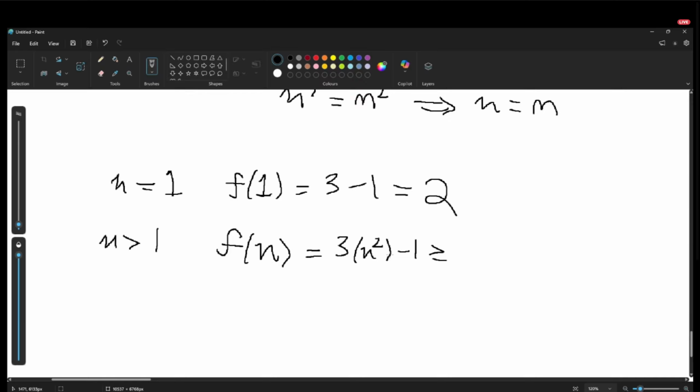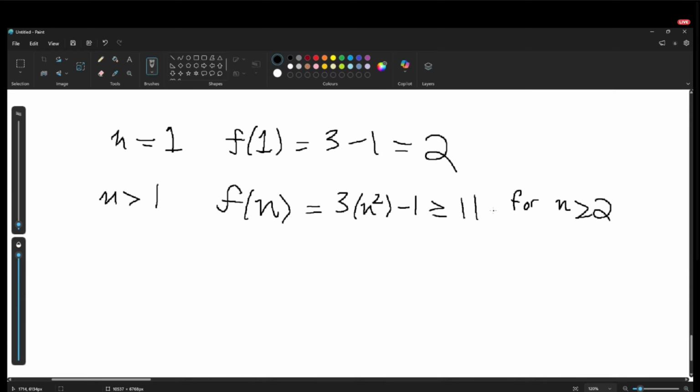So 4 times 3, which is 12, 11. So you know that this is for the case where n is more than or equal to 2. Therefore, f of n is always strictly greater than 2.